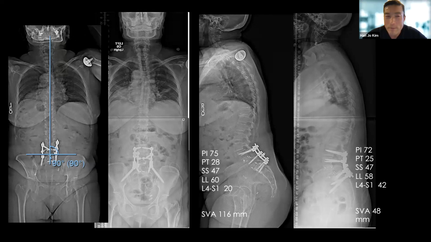Yes, that's a great point. If this patient had ankylosis anteriorly, there are probably a couple of things I would have done differently, especially if, let's say, they were ankylosed from T12 up to T5. I've seen those patients do exactly as you're saying. Those patients tend to have some kyphosis, and when I do the corrections for them, I have to consider the thoracic kyphosis as a part of the rigid deformity.